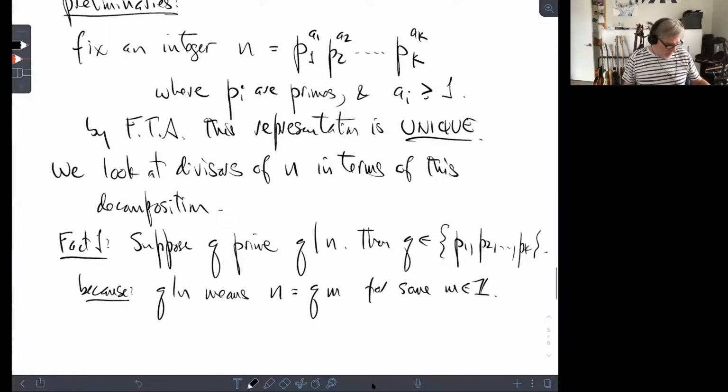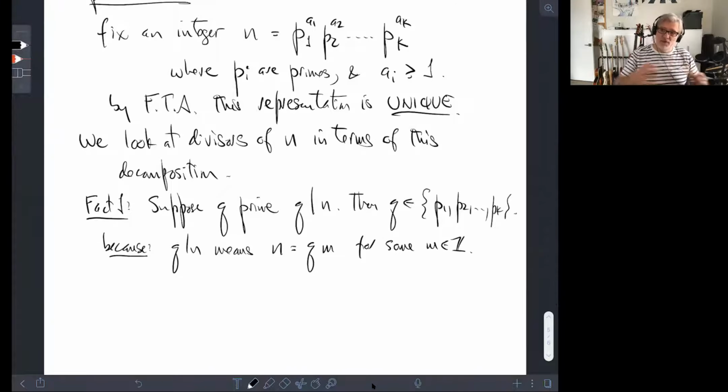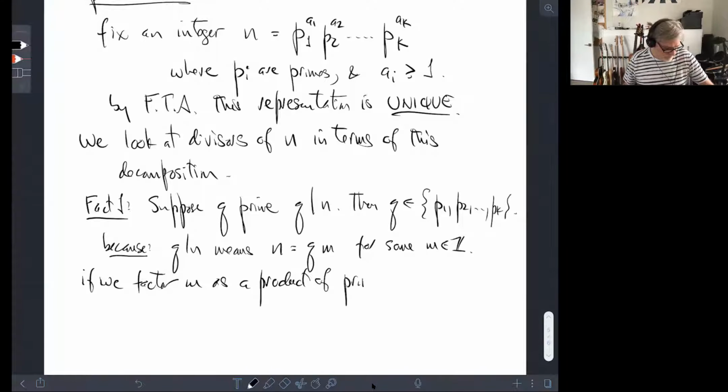And now if I factor m as a product of primes, we get a decomposition of n, right, where Q appears.